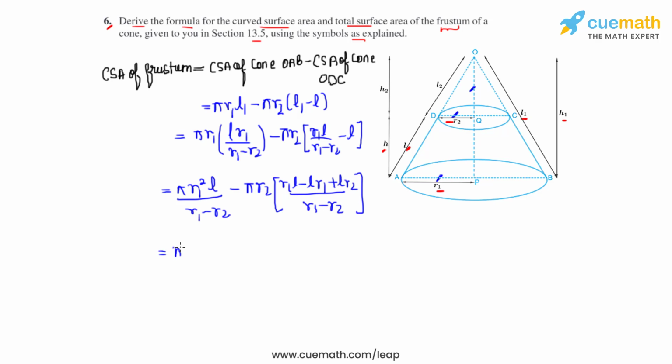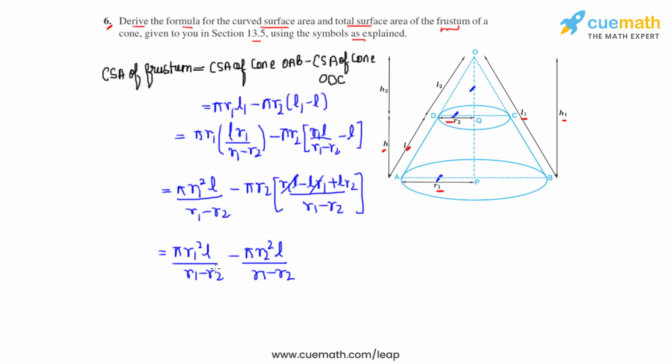In simplification, we get pi R1 square L divided by R1 minus R2, minus pi, inside the brackets, R1 L and L R1 get cancelled. So we get pi R2 square L divided by R1 minus R2.